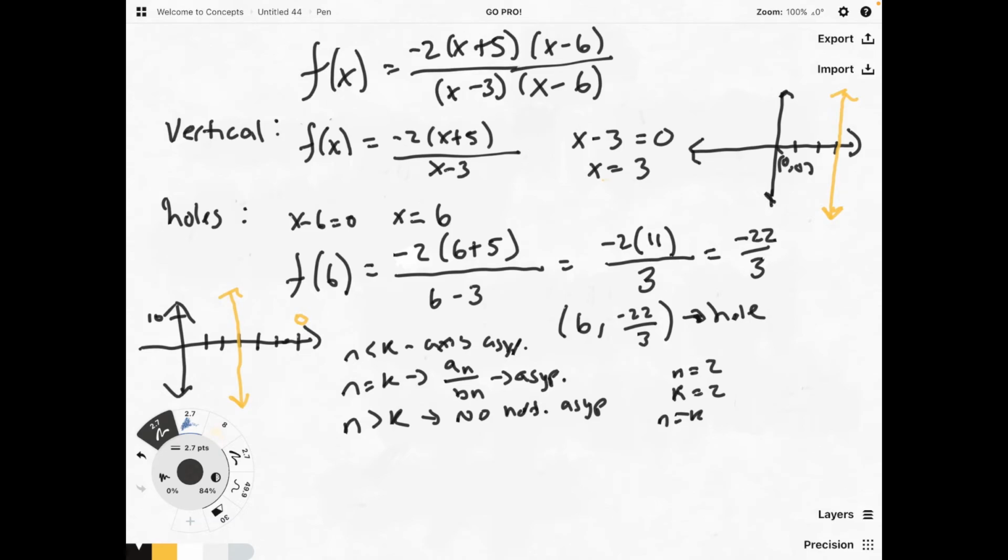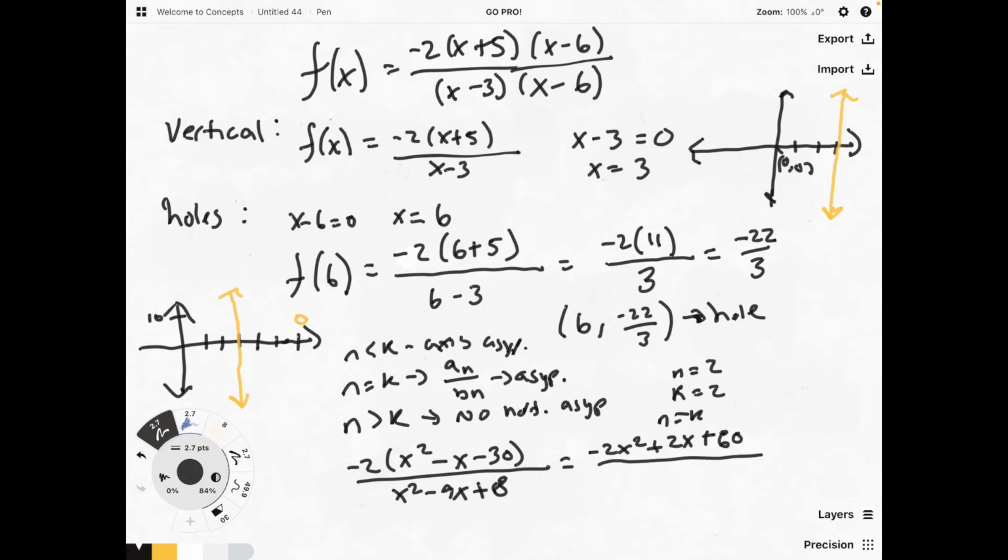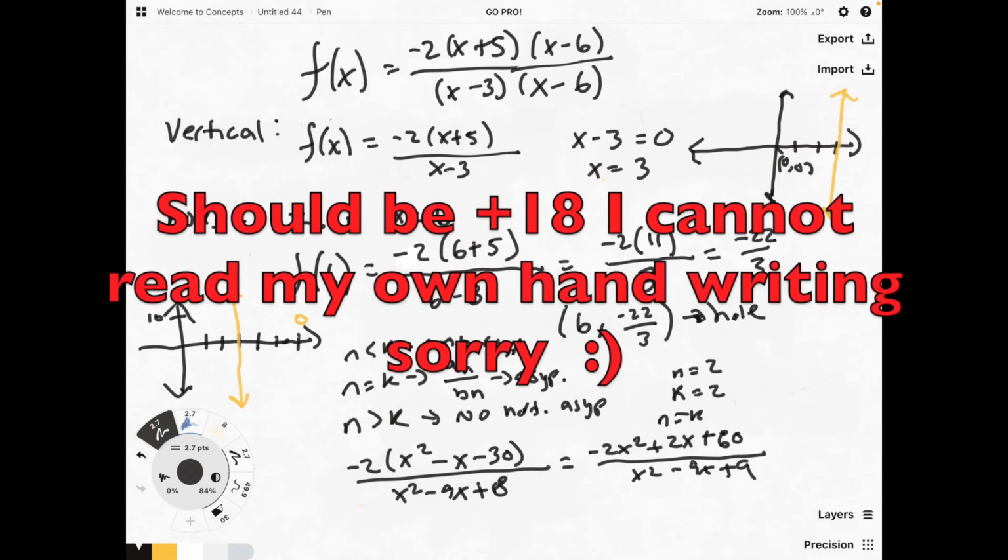The leading coefficient is that -2 multiplied by what we just did, x squared minus x minus 30, and divide that by x squared minus 9x plus 18. Distribute that -2, we get -2x squared plus 2x plus 60, and divide that by x squared minus 9x plus 18.